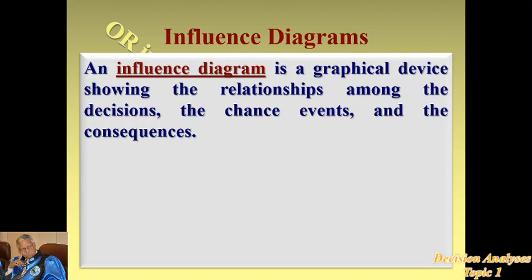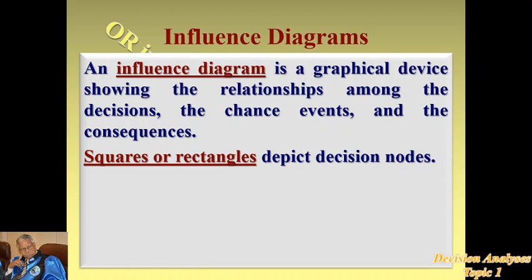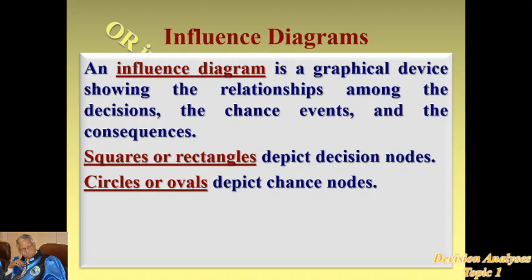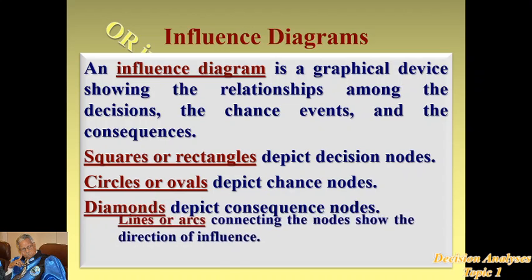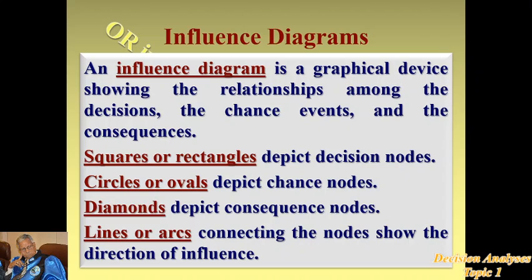To draw this diagram, we will use the following symbols: squares or rectangles to represent decision nodes, circles or ovals to represent chance nodes, state of nature, diamond shapes to represent consequence nodes, and lines or arcs or arrows to connect the nodes, showing the direction of the influence, as follows.